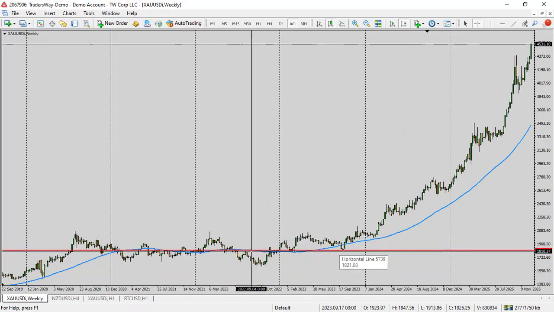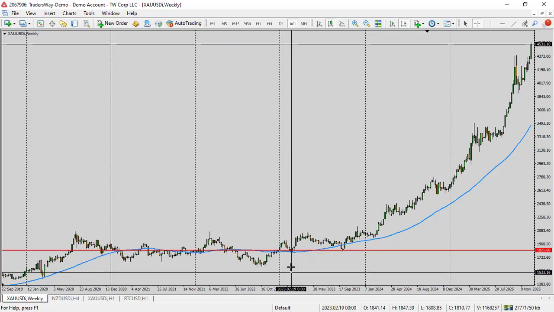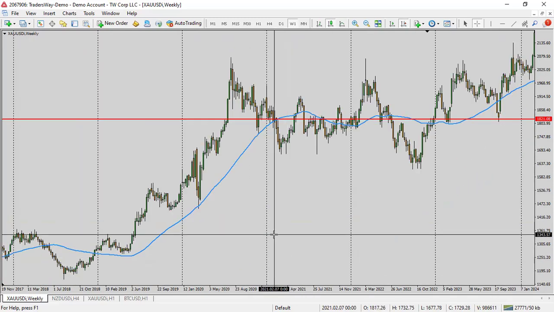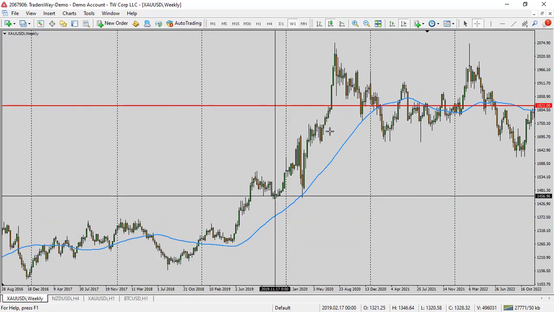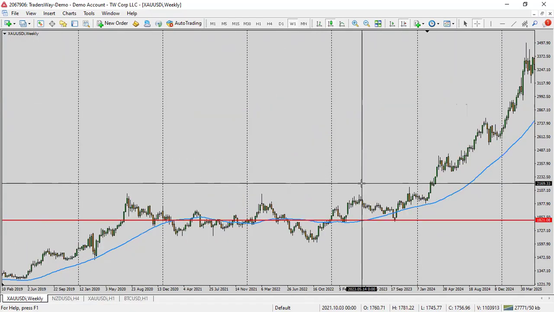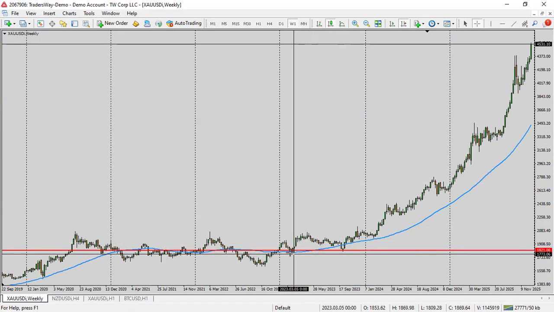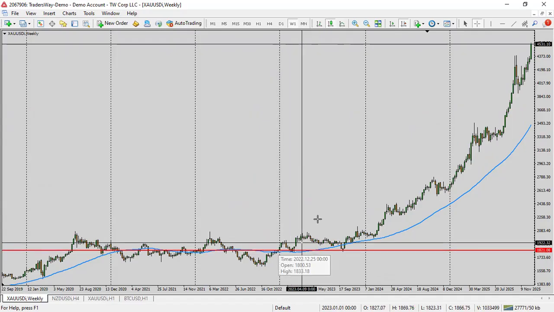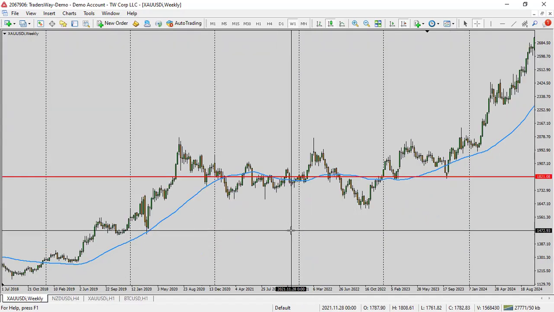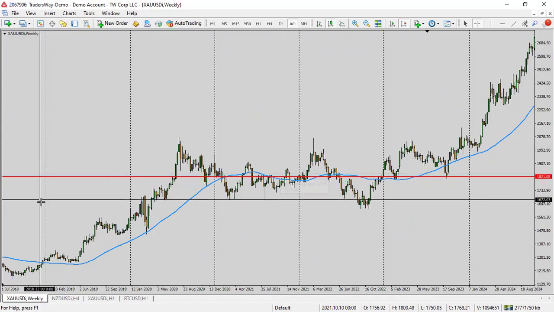Since the beginning, since January of 23, gold has been on offense, right? That's how you know demand has been on offense with gold, and therefore you know how to look for it.